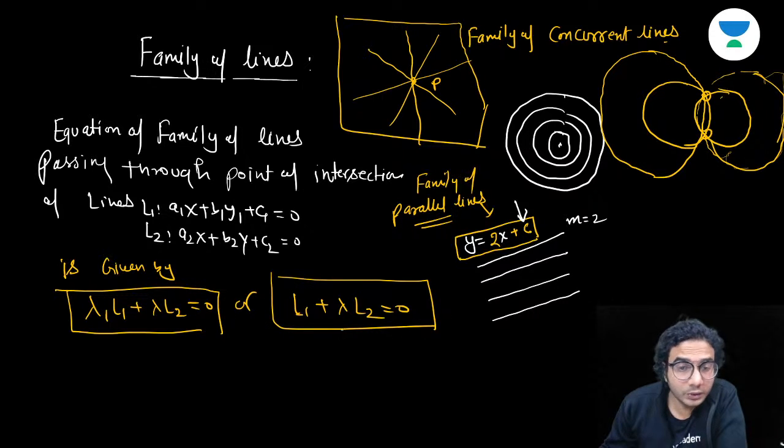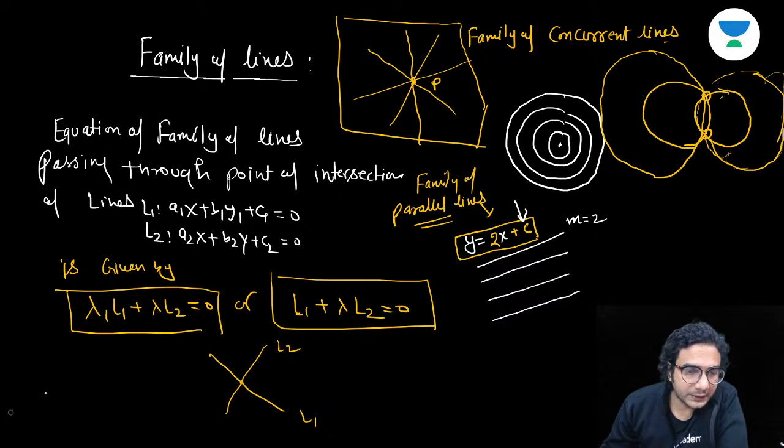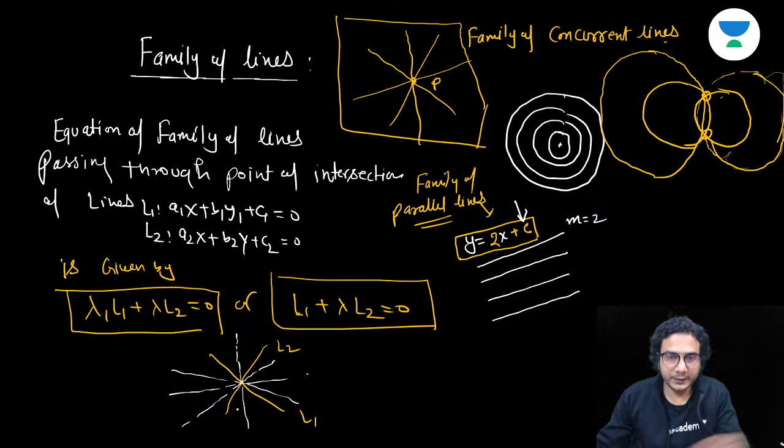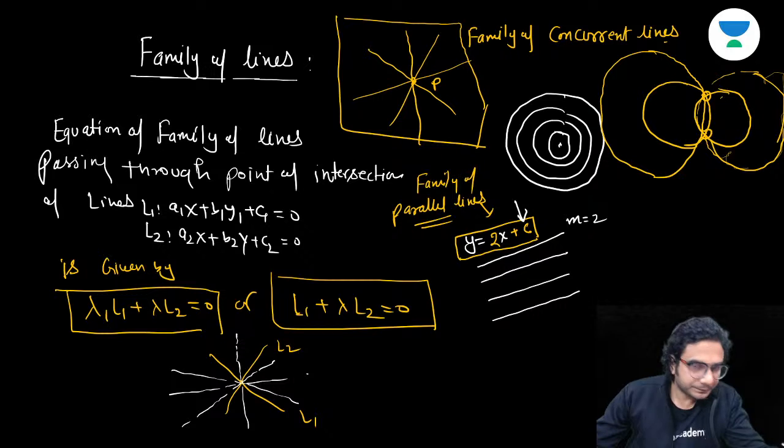This is always a line for any value of lambda. If this is L1 and this is L2, then these lines are passing through the point of intersection. Two members were already given. Now we have a general equation which will represent all the lines passing through the point of intersection of L1 and L2. I hope you are getting this point.